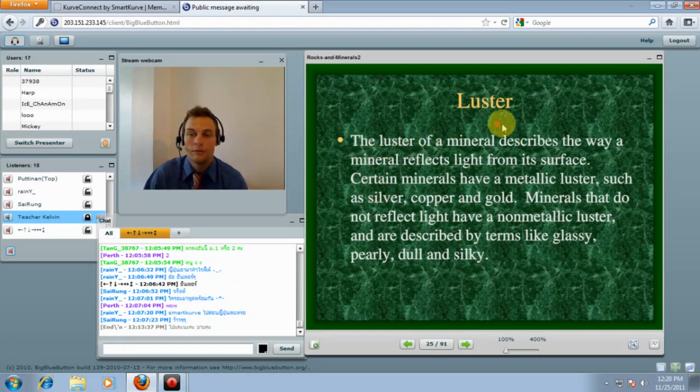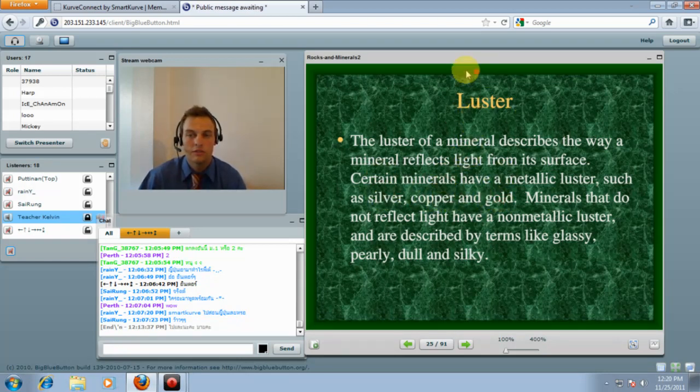Yeah, so this is the way the mineral reflects light from its surface. So luster is basically shininess, and metallic luster just means they look kind of metally when you shine light on them. Silver, copper, gold.